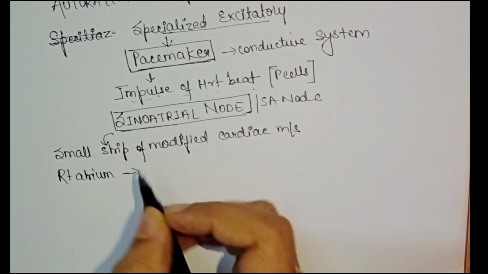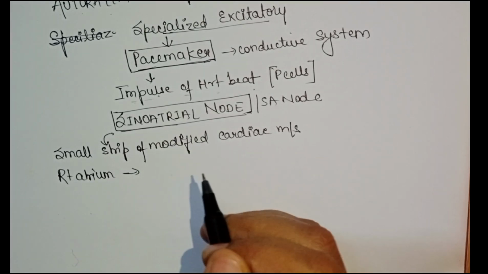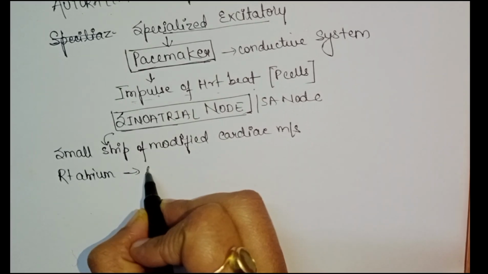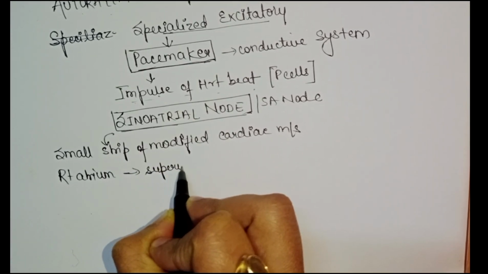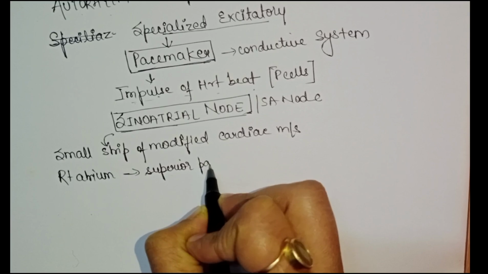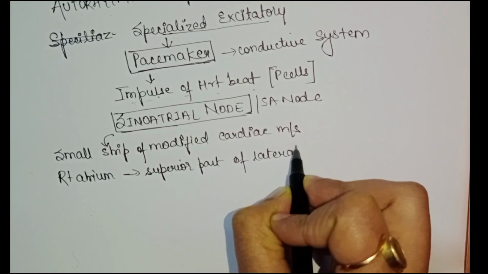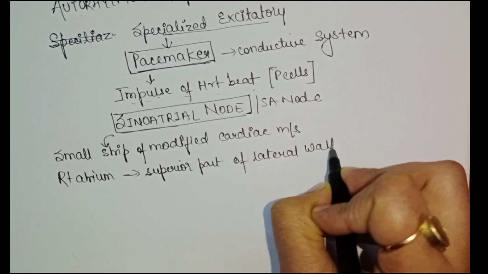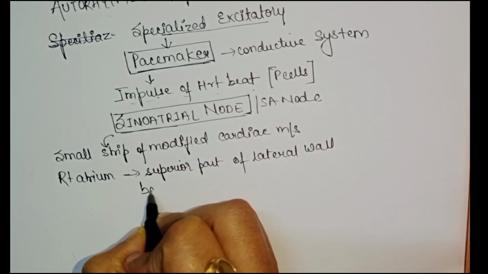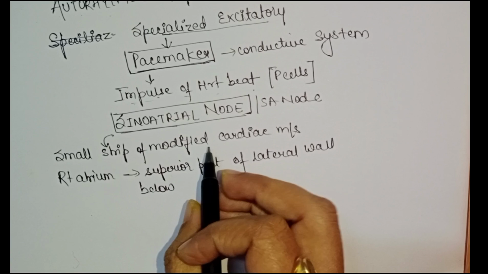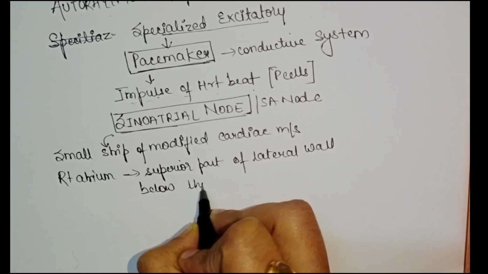It is present on the lateral wall of the right atrium at the superior part, just below the opening of the superior vena cava.